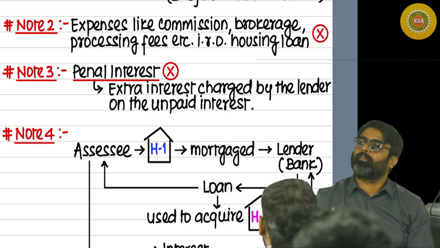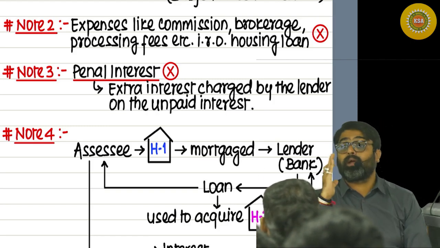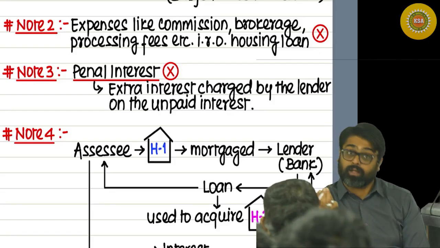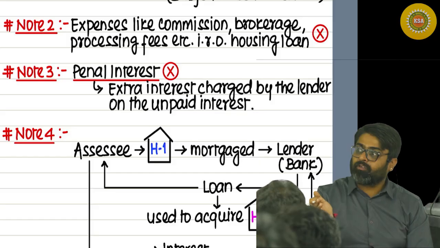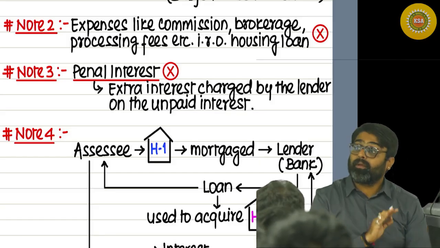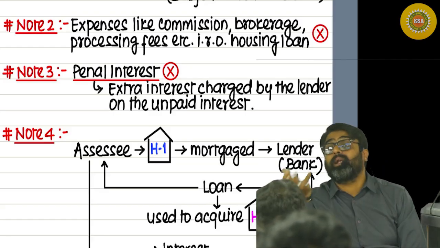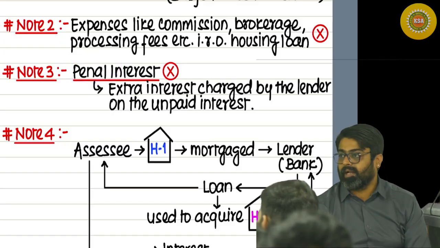Usually what happens, the banks from whom you are taking the loan, EMIs become due on a particular date. EMIs include what? Interest also. And if the EMI is not paid on a specific date, then the bank would charge extra interest on the interest component. That is known as penal interest.